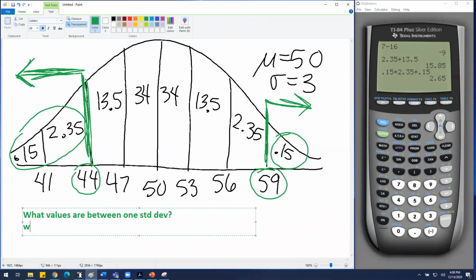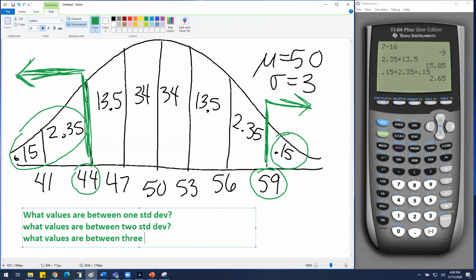And then same question, but what values are now between 2 standard deviations, and what values are between 3 standard deviations?